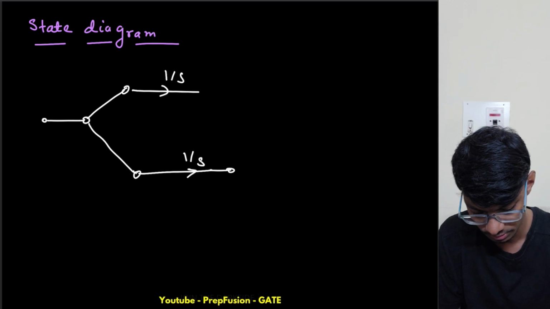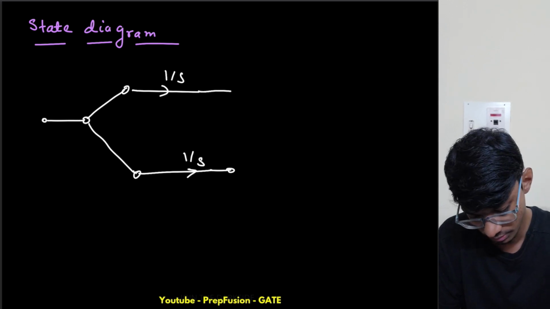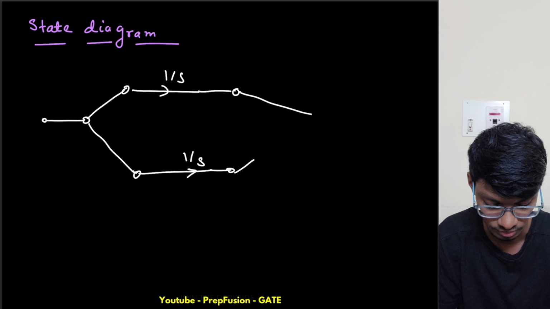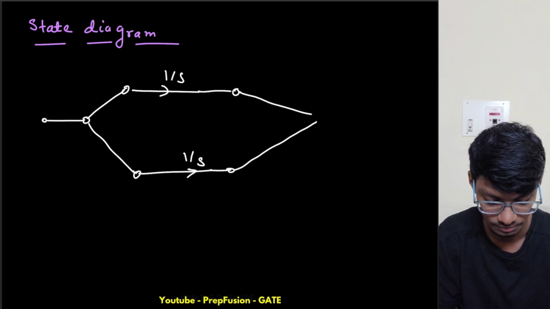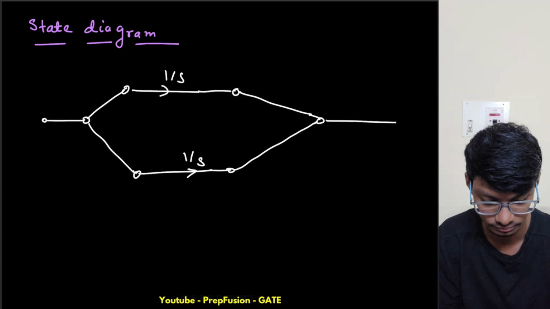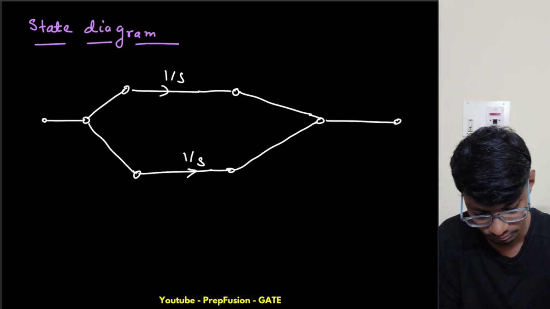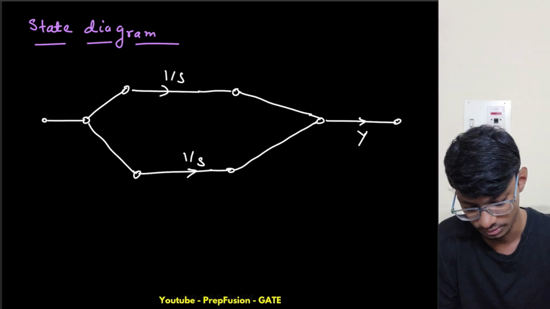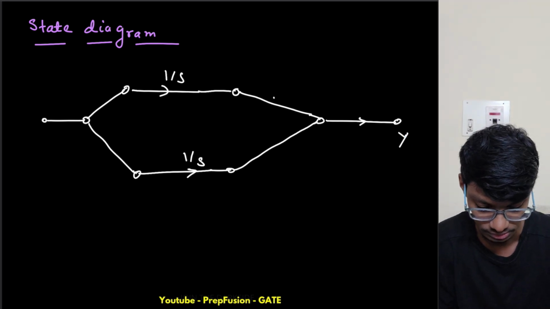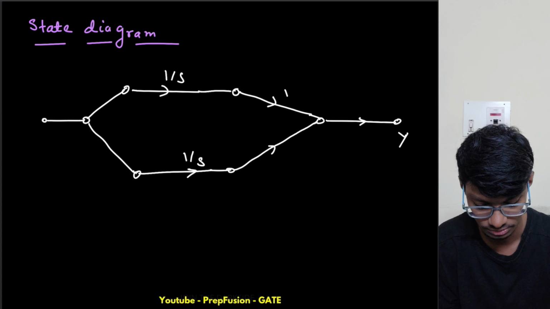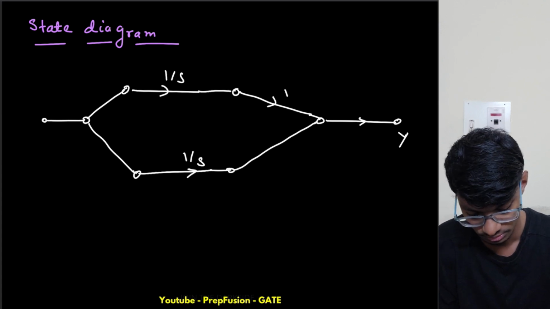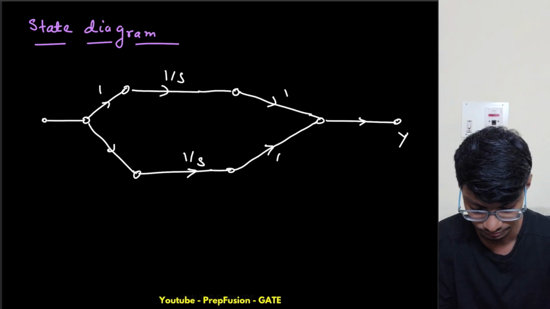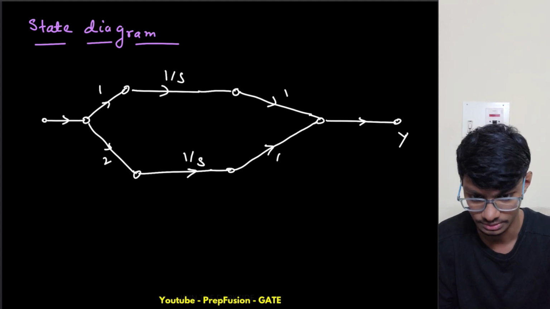This will also go 1 bias here, and then for my output, I will add these into one output. So they are connected in parallel. This is y, and this is 1, this is 1, this is basically 1, this is basically 2, and this is basically 1, this is u.